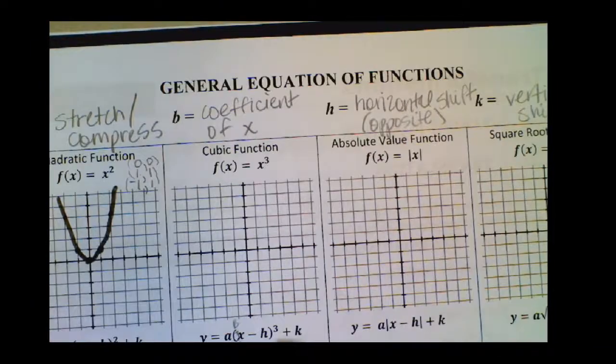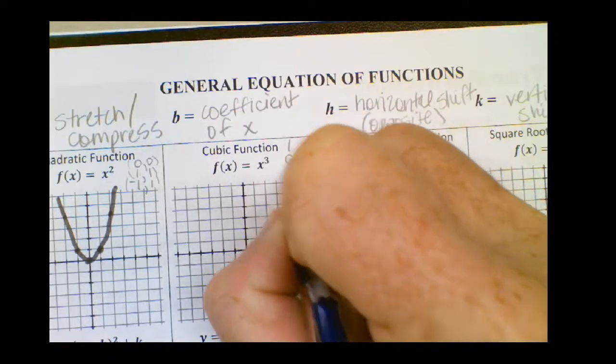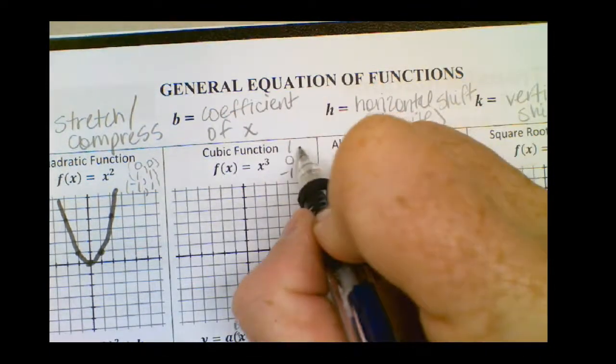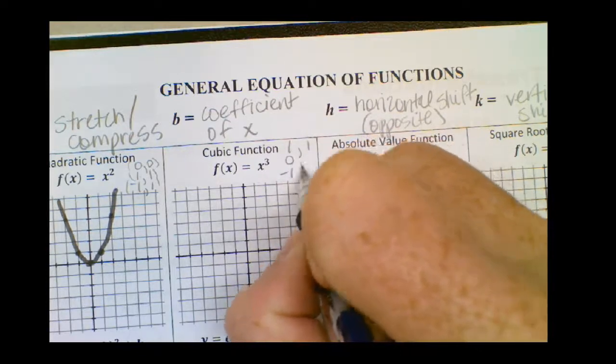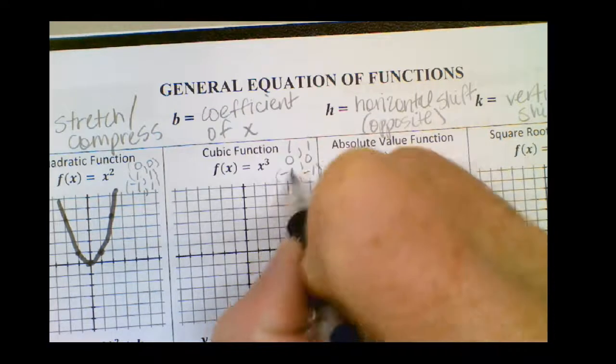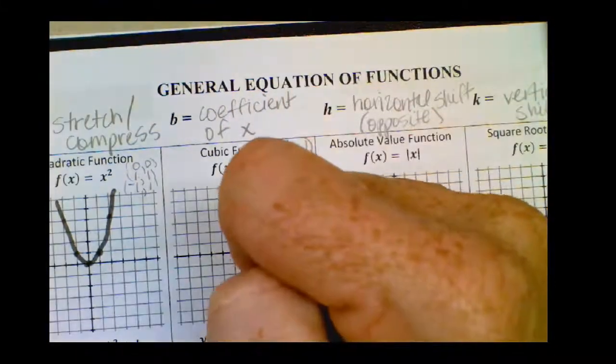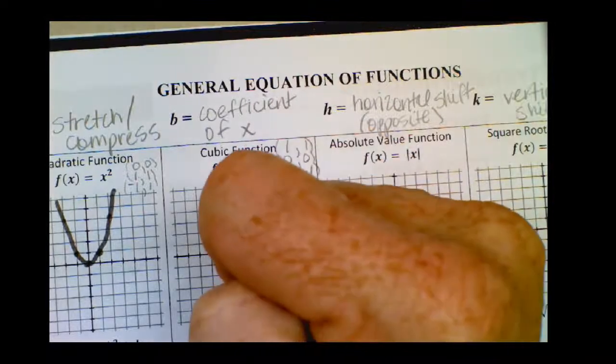Okay, cubic functions, we're going to do the same thing. 1, 0, and negative 1. So 1 cubed is 1, 0 cubed is 0, and negative 1 cubed, you have to be careful, is negative 1. So let's see what that looks like. So we've got 0, 0, 1, 1, and negative 1, negative 1.